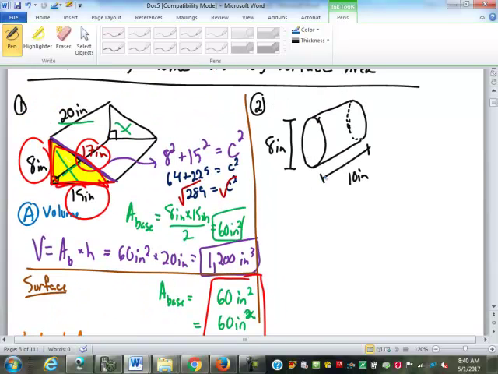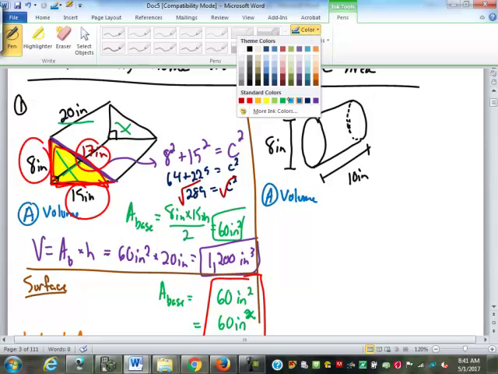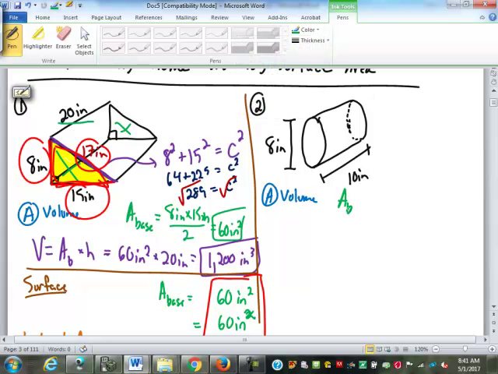For the second one here, for volume, again, the first thing we have to find is the area of the base. This base is a circle, diameter of 8, so a radius of 4. So that's pi times 4 squared. If I'm using 3.14 for pi, that's 50.24 inches squared.